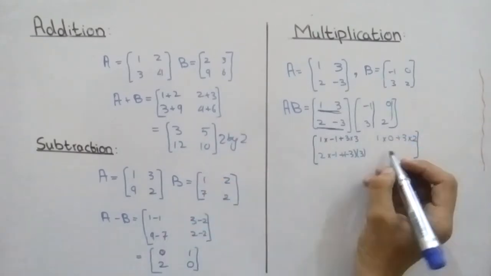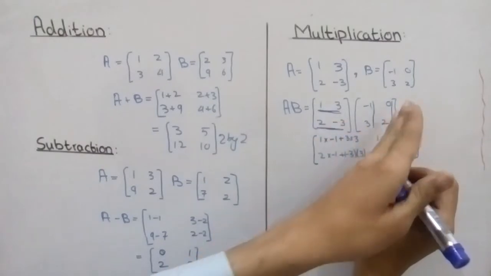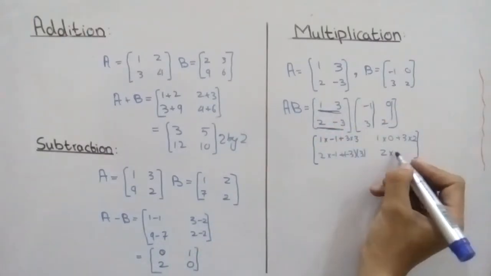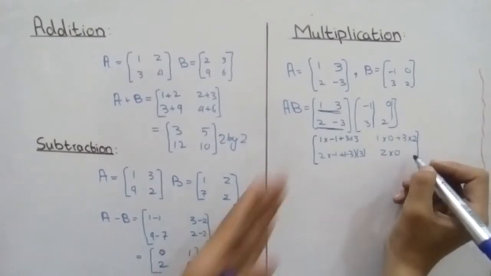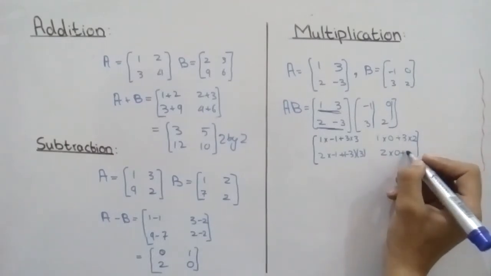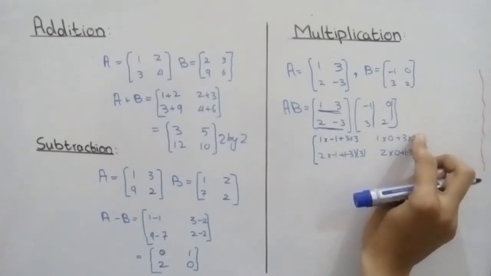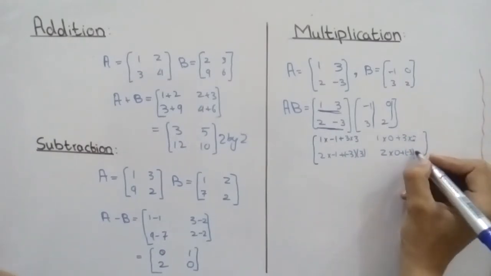And here 2 will be multiplied with this column, so 2 multiplied by 0 plus minus 3 multiplied by 2.